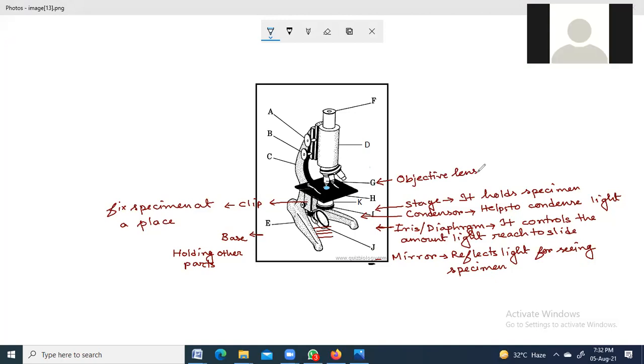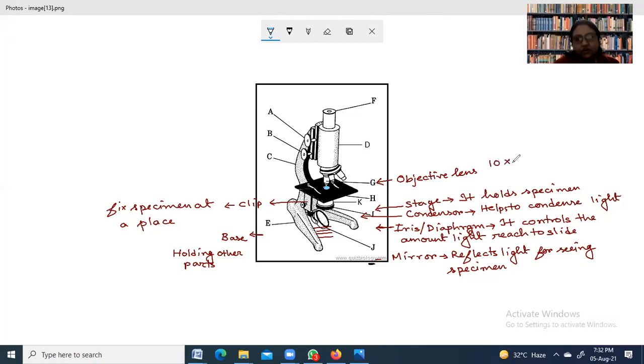Ma'am, 10x, 100x, and 45x. So 10x is called low power. 45x or 40x, that is called high power, and 100x is there in some rare cases, that is called the oil immersion lens.